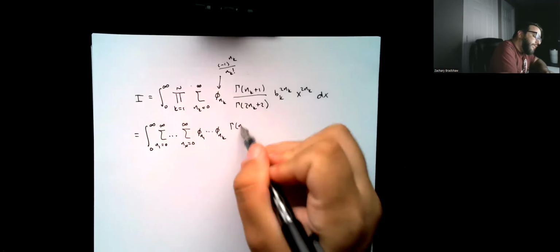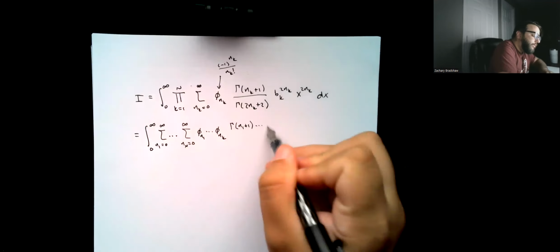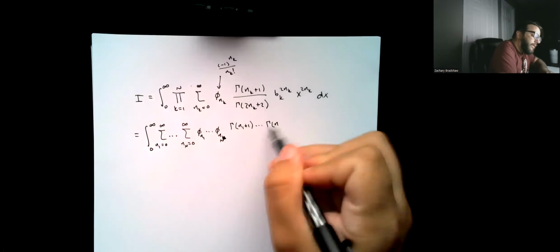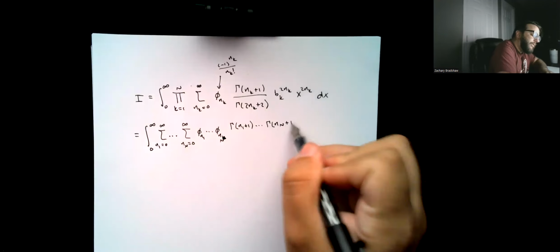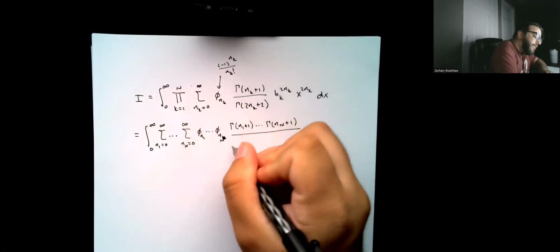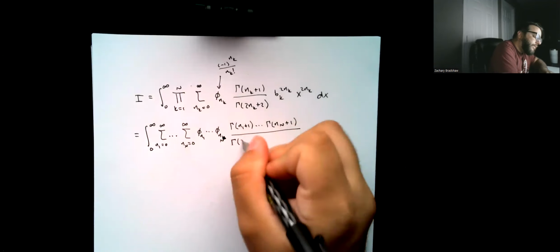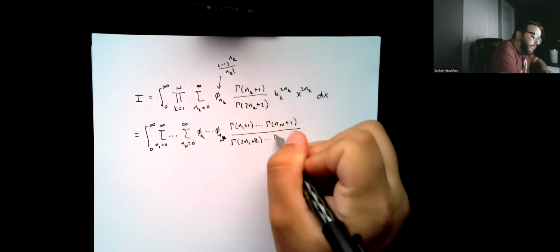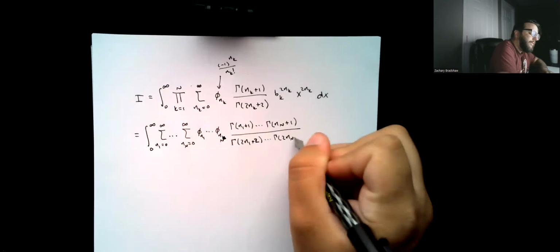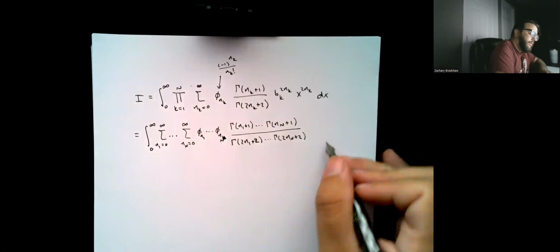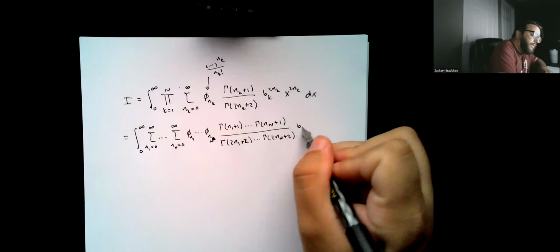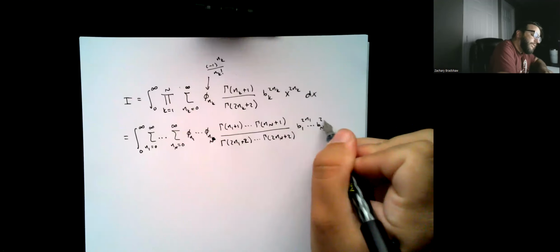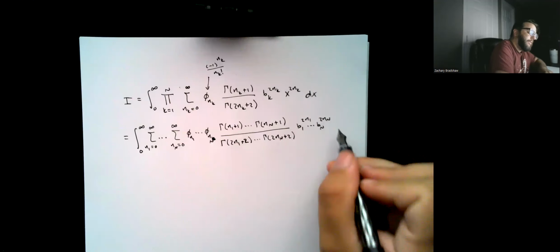We have a gamma of n1 plus 1 through gamma of capital N plus 1. Same thing for the denominator, gamma of 2n1 plus 2 through gamma of 2 capital N plus 2. And we have a b1 to the 2n1 through b capital N to the 2n capital N.